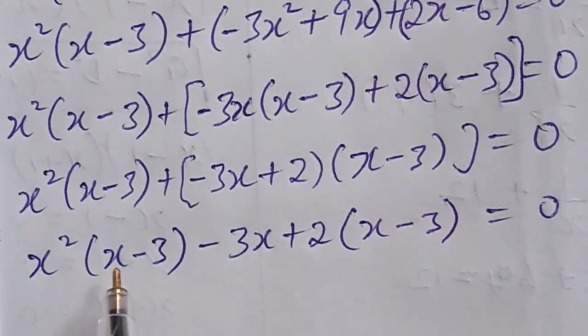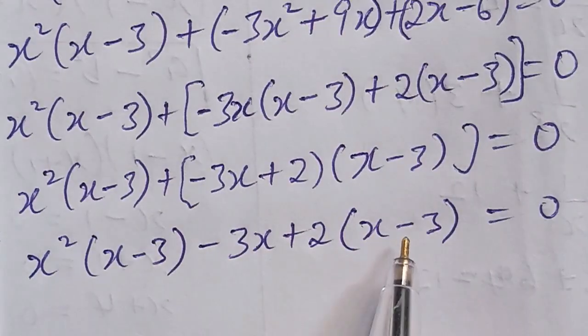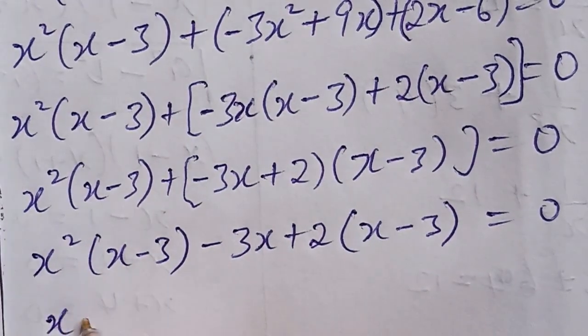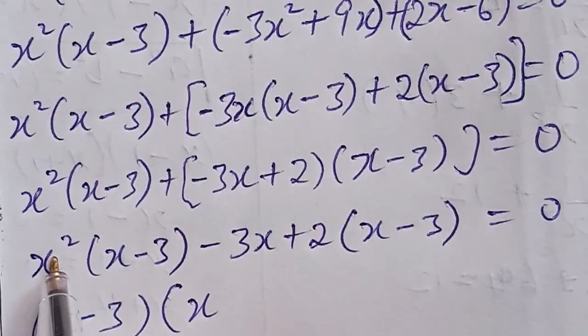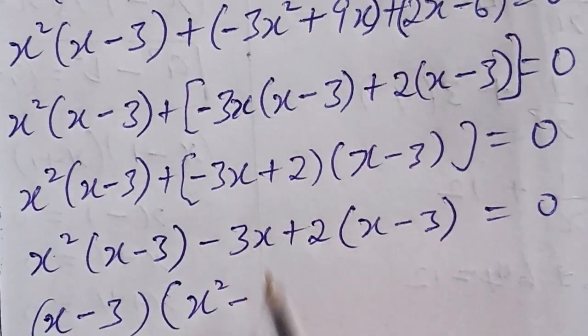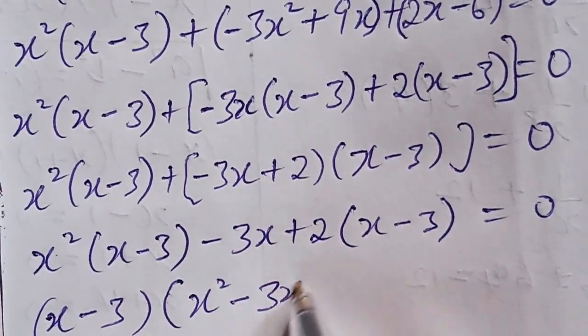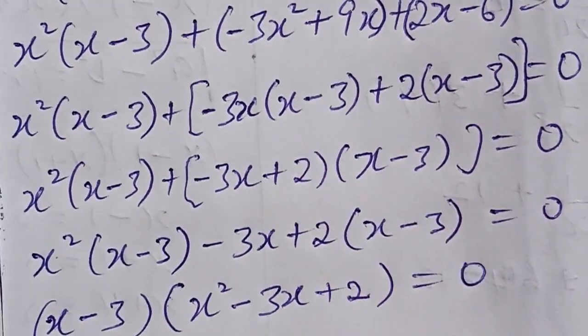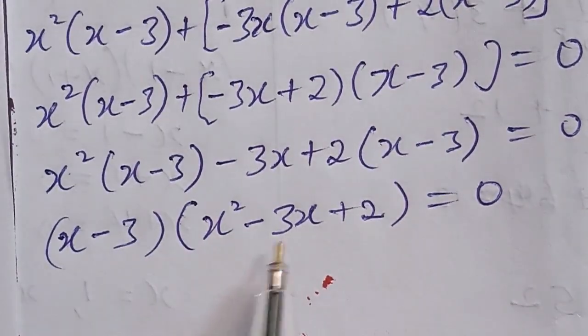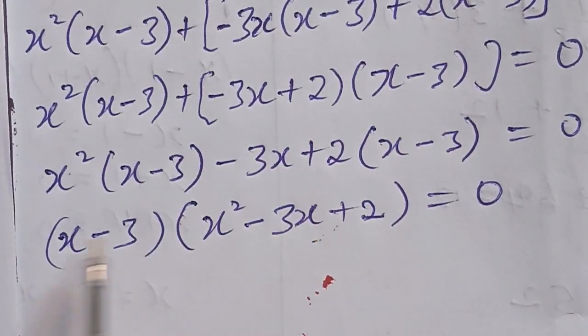Now from here we have x minus 3 common, then we can factor that out. So we have x minus 3 into bracket, then open a bracket, x squared, then minus 3x, then plus 2, close the bracket, everything equal to 0. Now over here we can solve for x in this quadratic part, and we can also solve for x over here.